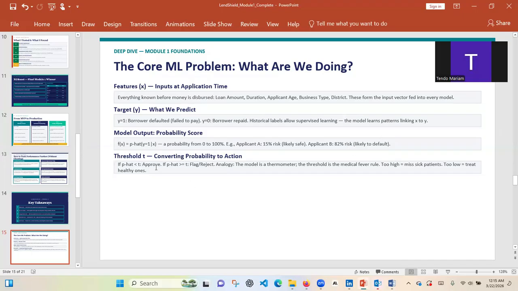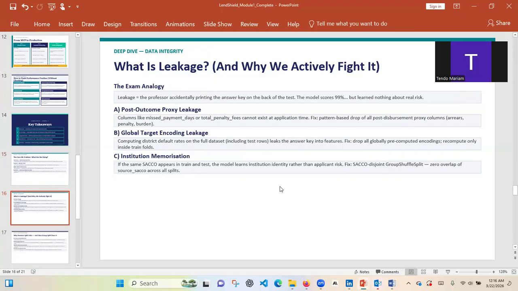So we also computed the threshold, and when I use the threshold, it shows whether it flags or rejects. And the analogy behind it is that the model is like a thermometer. The threshold is the medical fever rule, and too high means we miss sick patients, and too low means we treat healthy ones. So it easily helps us to know the potential defaulters and those that can pay.